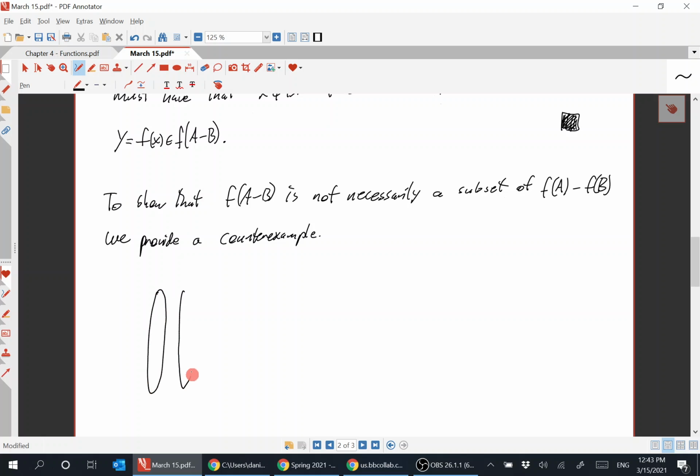So we'll just make any simple kind of thing. Here's a domain, here's a range, and I don't have any intuition as to what's going to make a nice example.